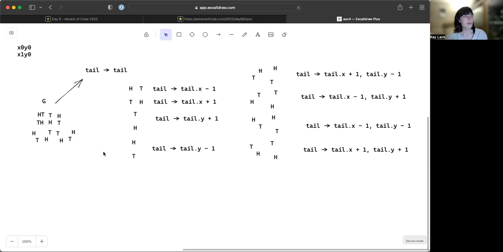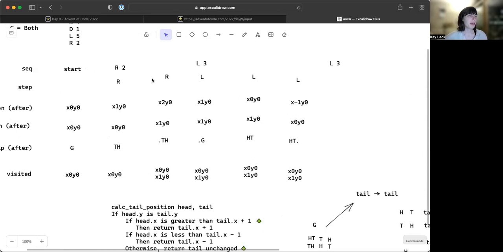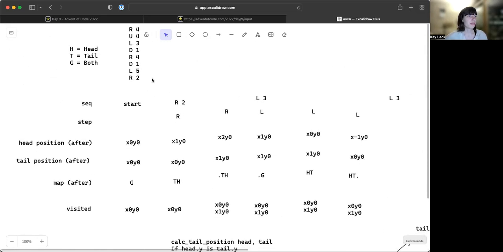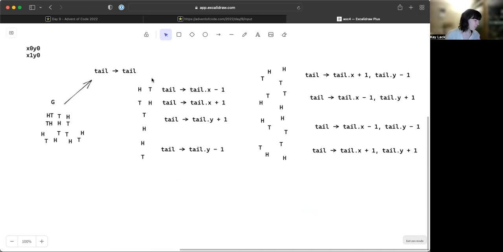My initial thought was, can we pattern match on the difference between the two? If this was a visual field, we could pattern match on, like, a string. But I'm not going to do that.